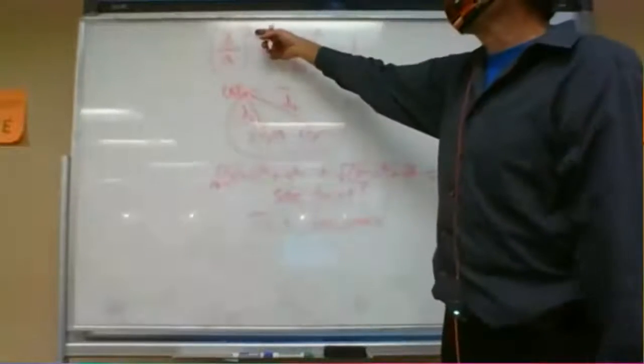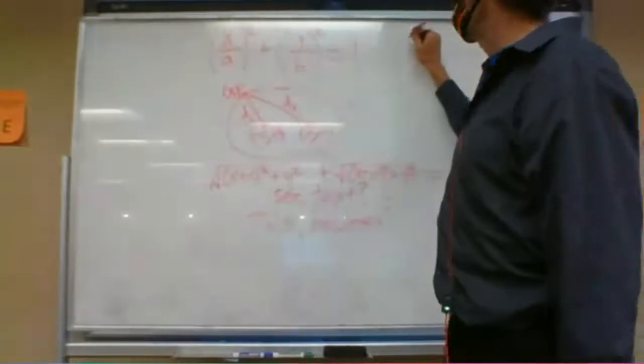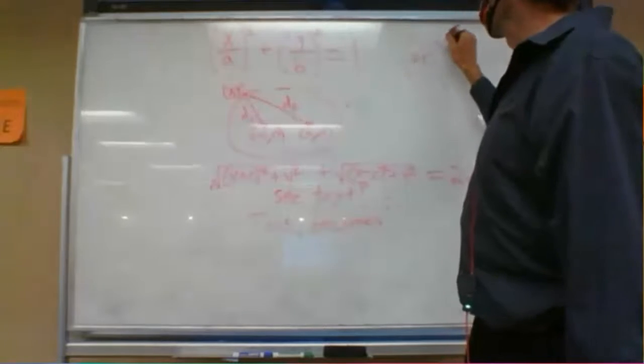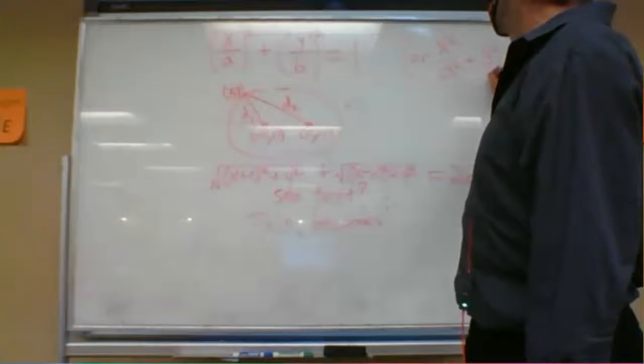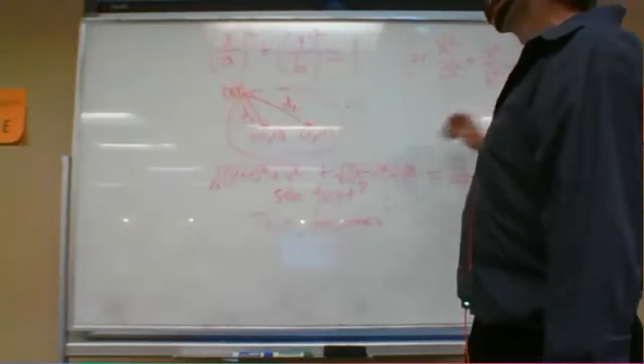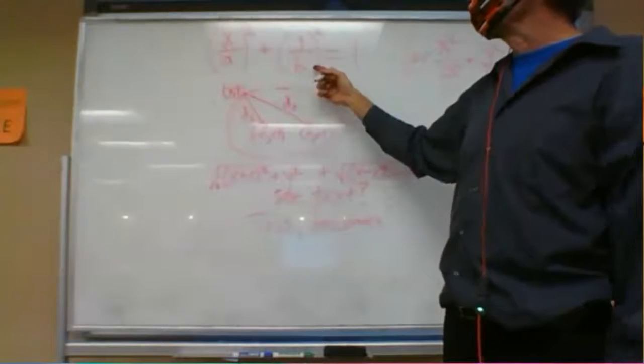A lot of books like to not put this in parentheses. They say it this way: x squared over a squared plus y squared over b squared equals 1. I like this way better, but do it whichever way you want. The book has kind of a nice way of doing it, because you see what this is?